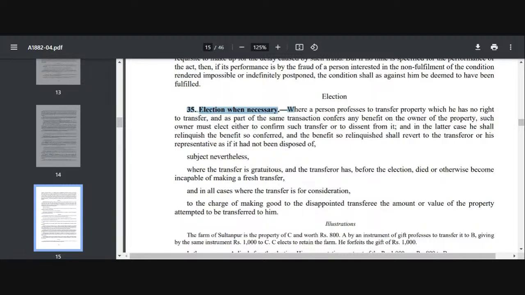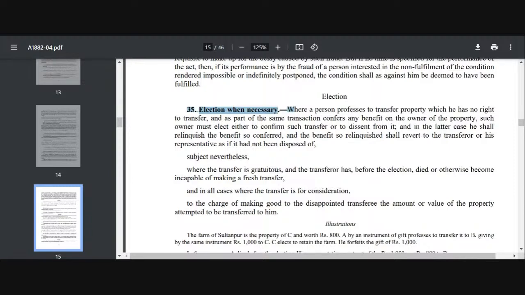If I tell Ish, will you take 10 lakh rupees, and he says yes ma'am, I will take. And then I tell him you will have to transfer your house to X, and Ish says no ma'am, I will not. So X is a disappointed transferee, because he was hoping of getting the property.